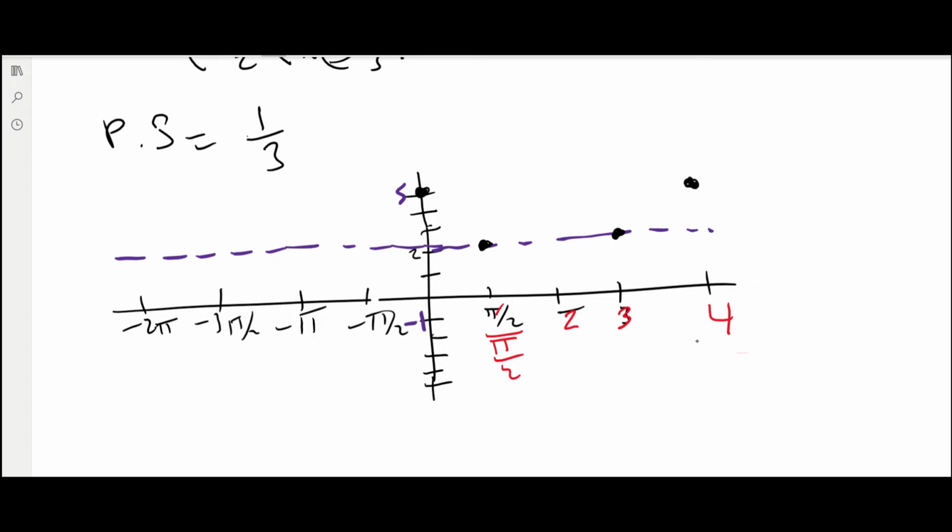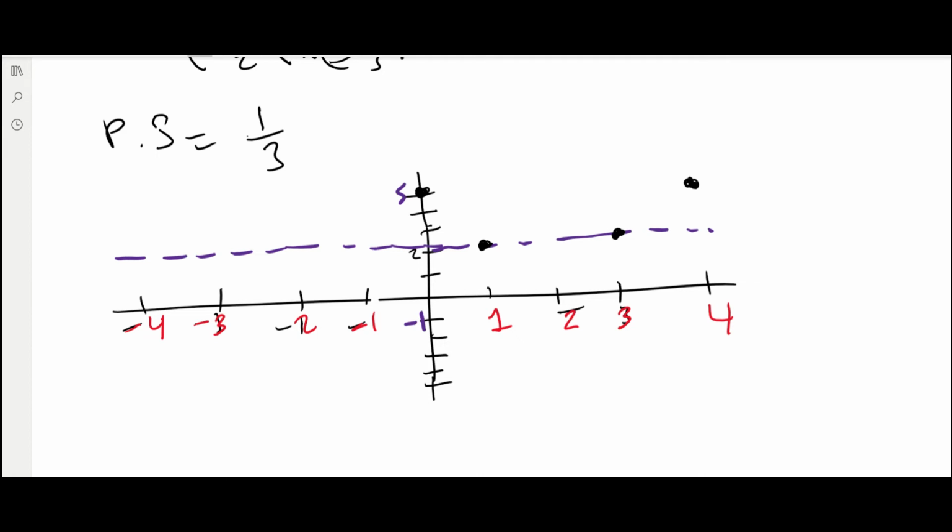And then the pi's cancel here, the 2's cancel, and it'll give you 1. All right, so it actually worked out nicely. 1, 2, 3, 4. And then this is going to be -1, -2, -3, -4. Okay, so that's my new number line on the x.